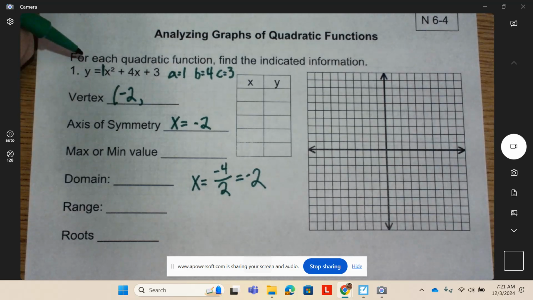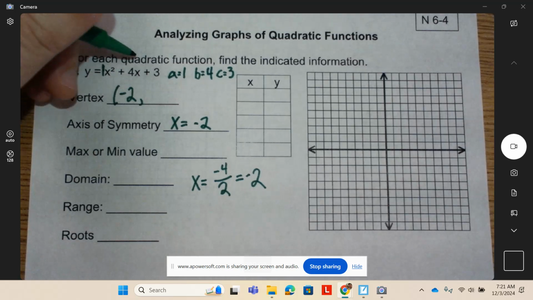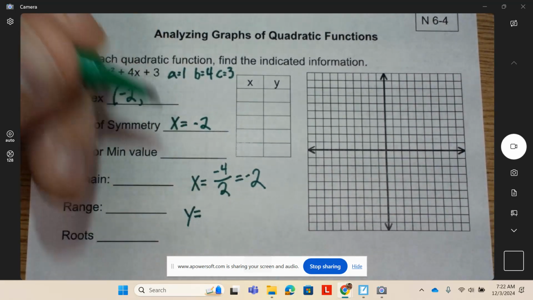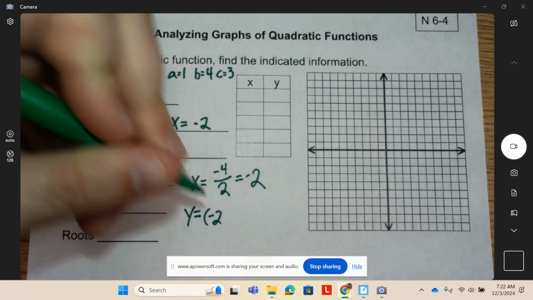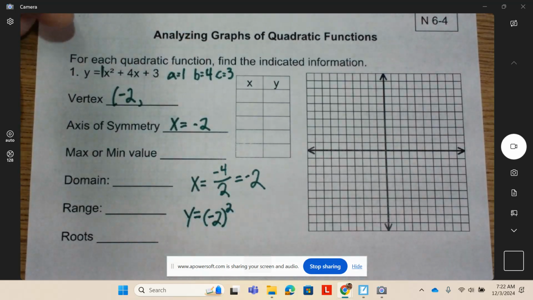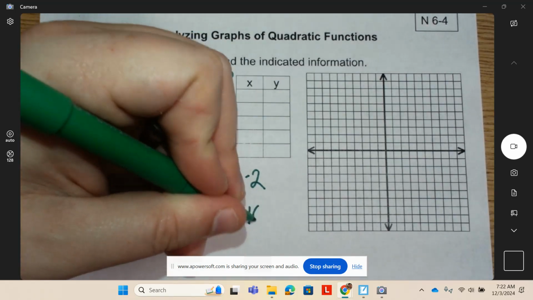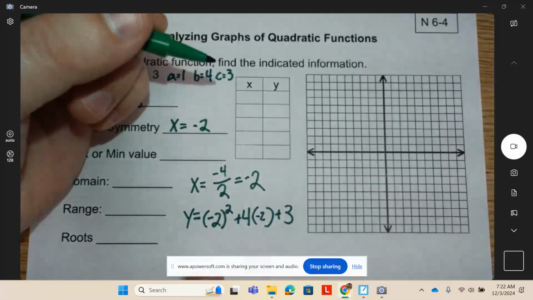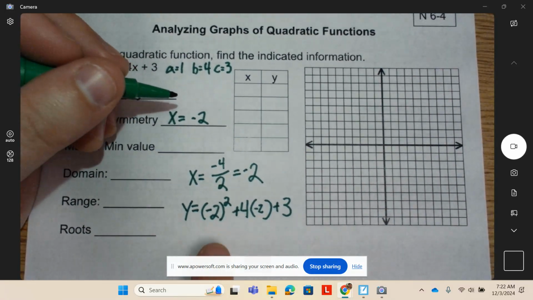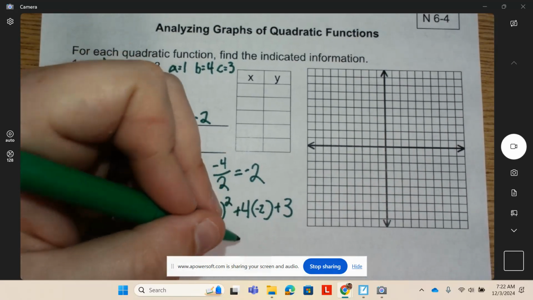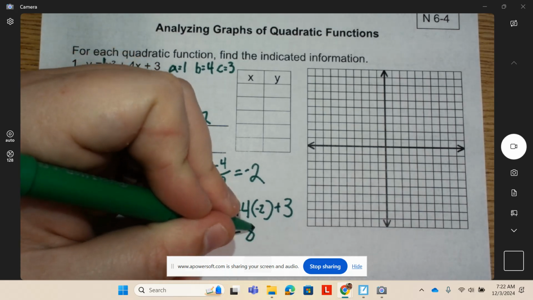Next I need to plug my x value of negative 2 into the formula and solve for y. So y equals negative 2, and remember that negative is inside the parentheses with the 2, squared, plus 4 times negative 2, plus 3. Negative 2 squared, negative 2 times negative 2, gives me 4. 4 times negative 2 gives me a negative 8.